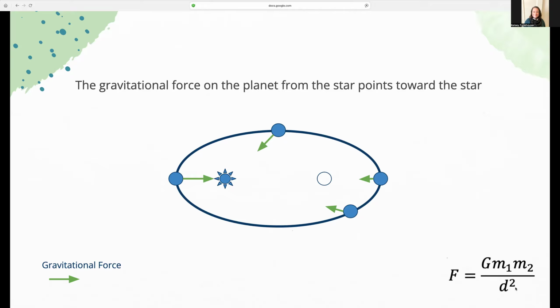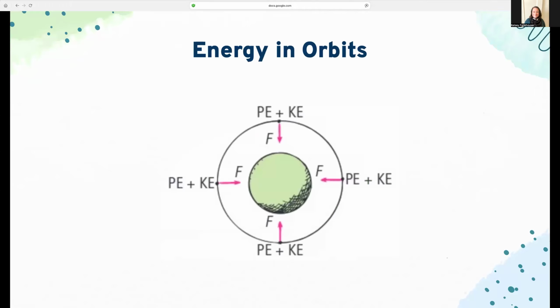Speaking of the impact of the distance, we can also look at energy in orbits. So this is obviously a circular orbit. If we think back to work and energy, if there is no external work done, then the total energy of the system is constant.